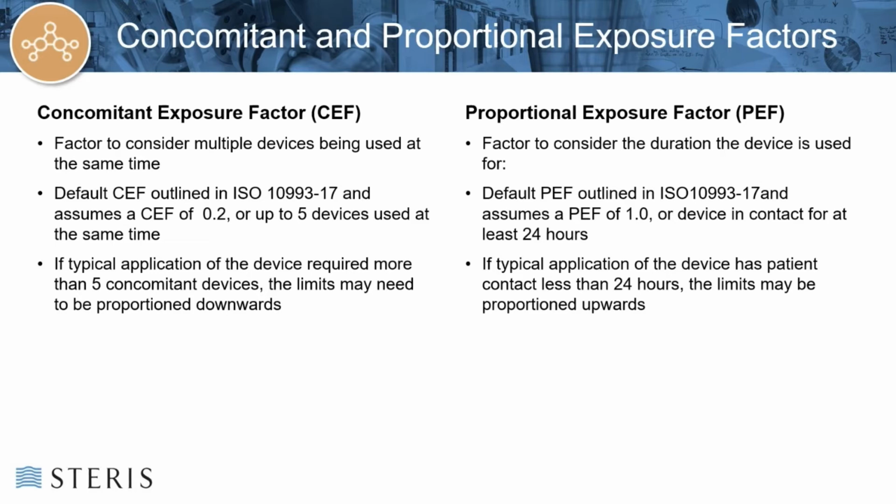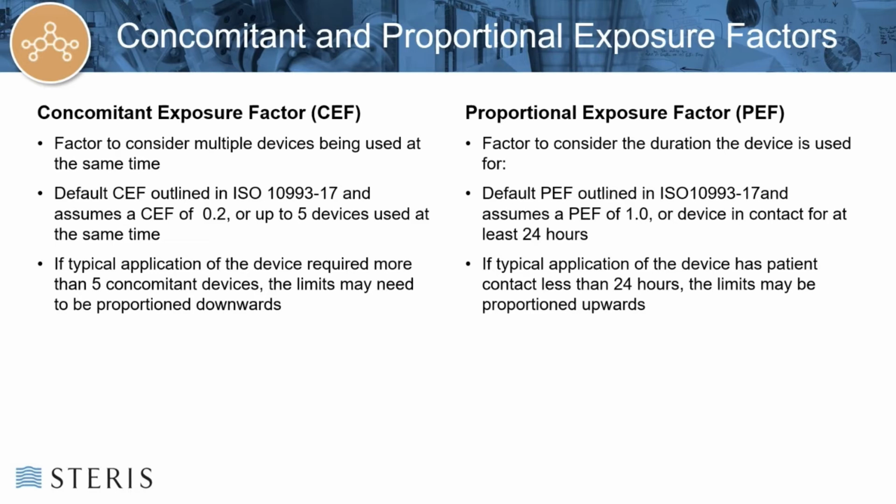Together, the CEF and PEF are used to determine a utilization factor. The utilization factor, along with patient body mass or weight, and the TI or tolerable intake, which is the average daily dose of a substance over a specified time period based on body mass, are used to determine the tolerable exposure.